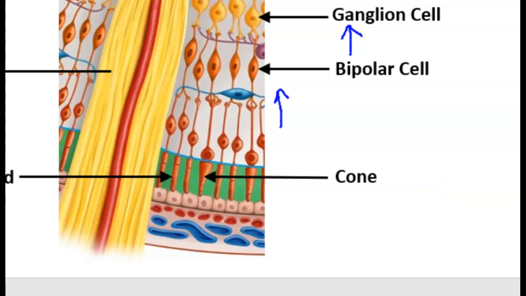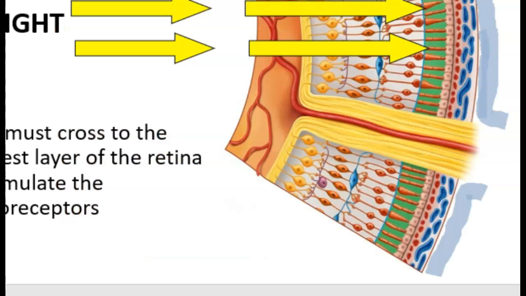So the first take-home message for all of this is just that light has to penetrate layers of the retina and reach the most posterior part of the retina, or the deepest layer of the retina. That's the first take-home message.